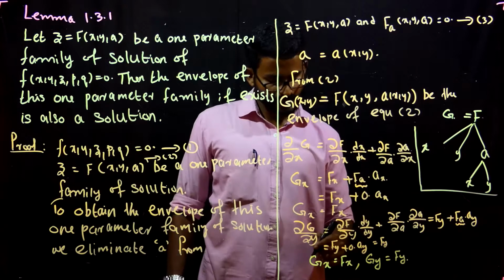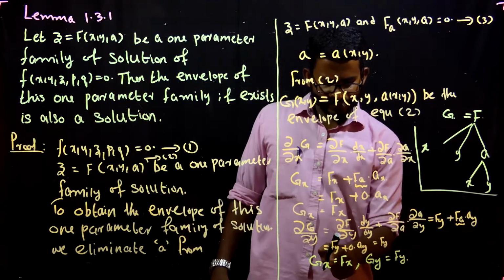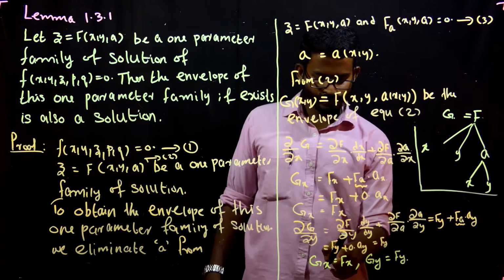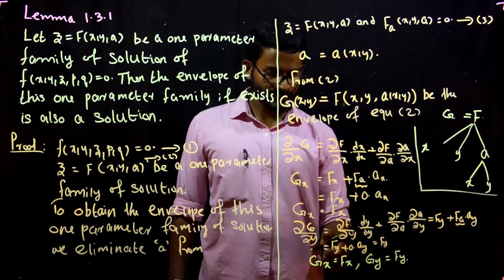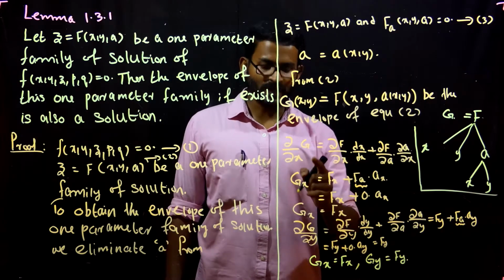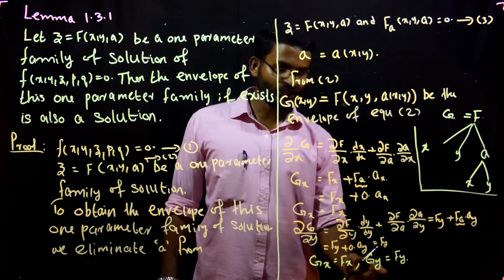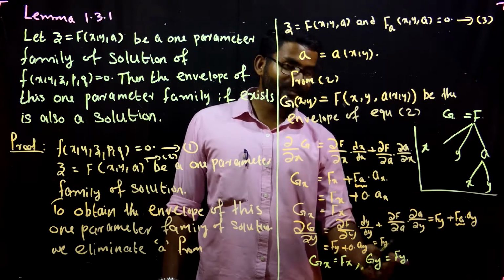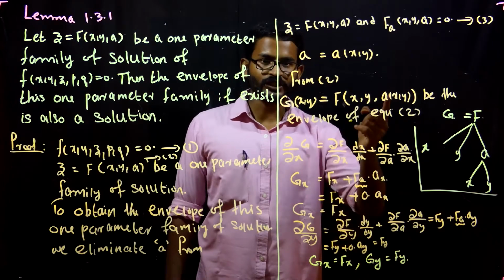Which implies that the partial derivatives of the envelope, gx and gy, are the same as fx and fy. And what are fx and fy? Fx and fy are the partial derivatives of the solution.